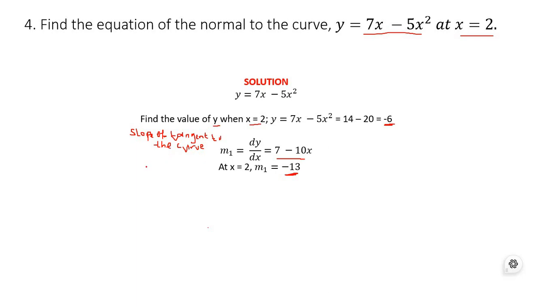Now we'll find the slope of the equation of the normal to the curve.